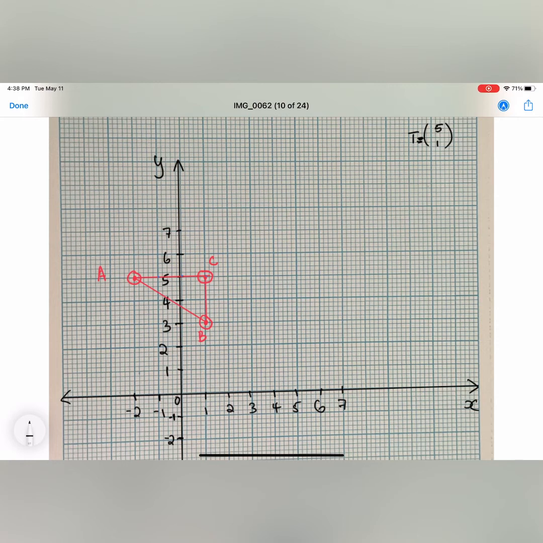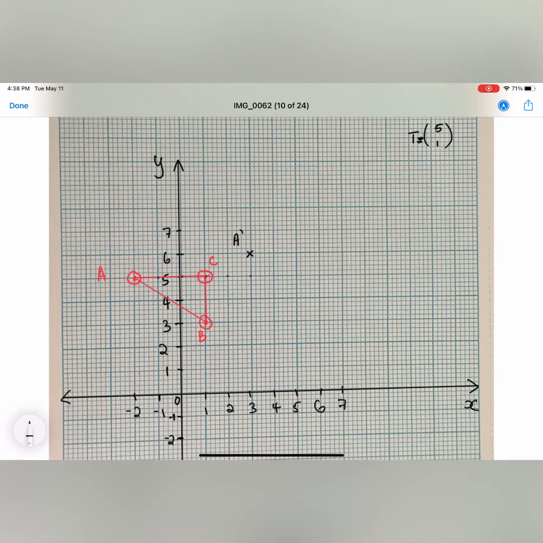triangle. So what we are going to do is just like we did before, we are going to translate 1 point at a time. So we are going to translate point A, 5 units to the right and 1 unit up. So that will take us right where I'm putting this x, and that is going to be called A prime.